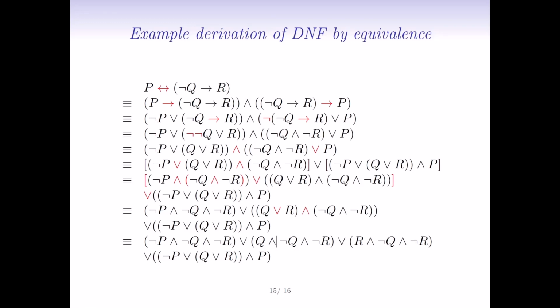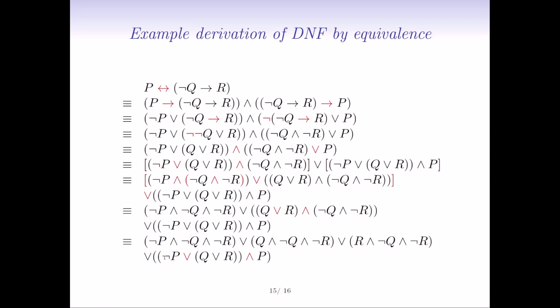So you could leave these in the DNF formula, it's perfectly valid, or you could also safely take them out by observing that the formula is unsatisfiable. If you have A or Q and not Q, then that is exactly the same thing as just saying A, because the Q and not Q part is never going to be satisfiable.